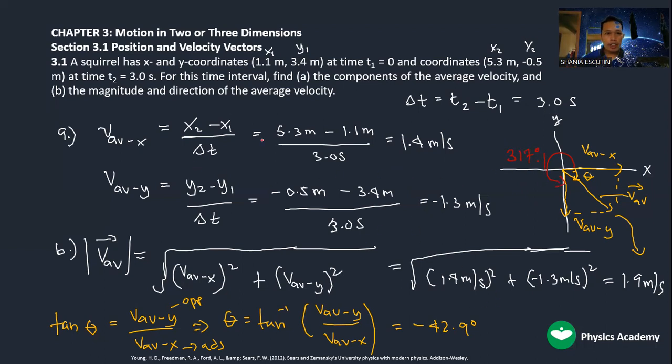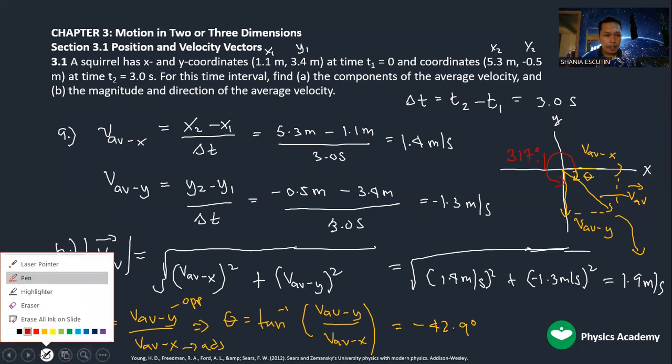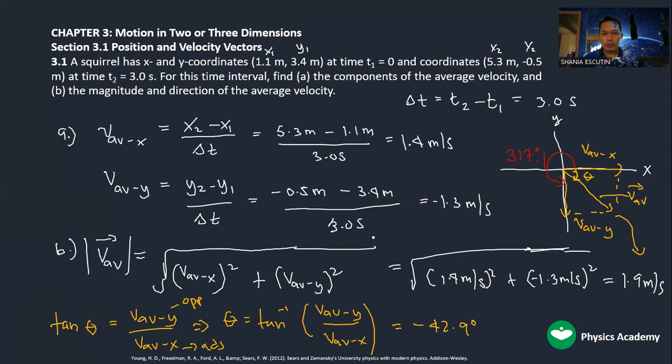You can write the direction in many ways. One could be: the direction is 42.9 degrees south of east.